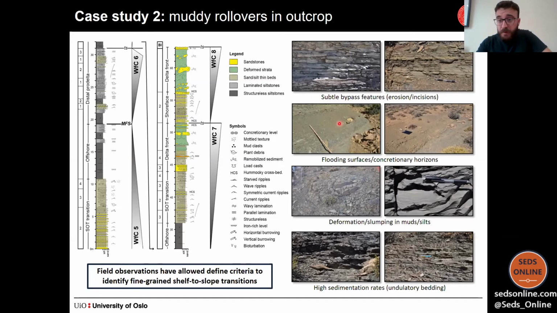We were still able to break down the stratigraphy because we saw evidence for flooding surfaces and concretionary horizons. A lot of deformation, lumping, soft sediment deformation, suggesting quick deposition. And then evidence for high sedimentation rates, like undulatory bedding that results from stoss-side preserved climbing ripples, which suggest quite high sedimentation rates. And this was all occurring within mudstones.